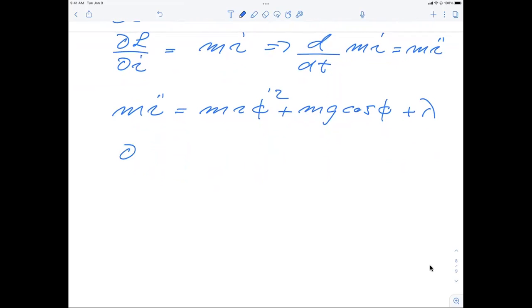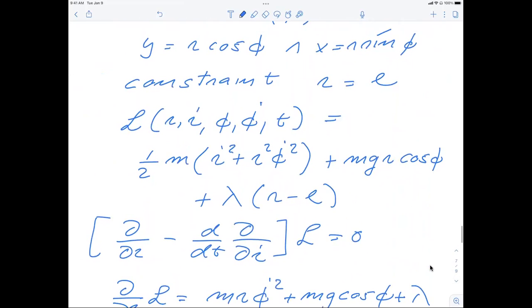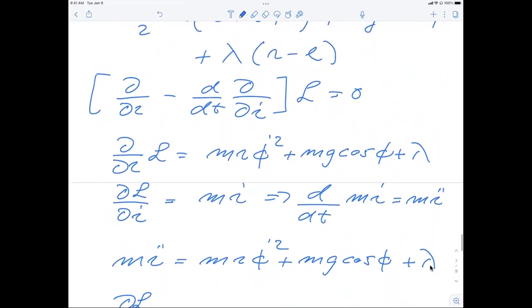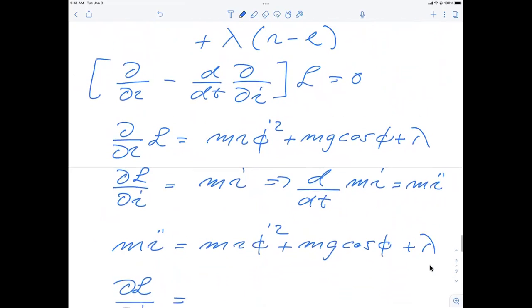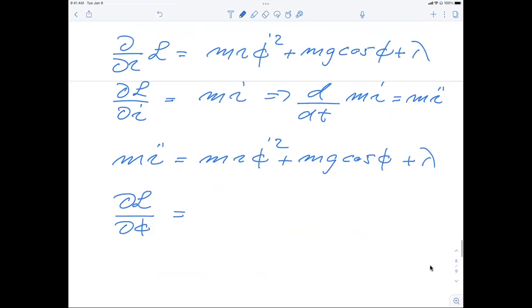If we now take the angles, we are going to need dL/d phi. Looking at the equations here, we take the derivative with respect to cosine, which gives us a minus sine of phi, and then we have mg times r. So that specific derivative is going to be equal to minus mg r sine of phi.